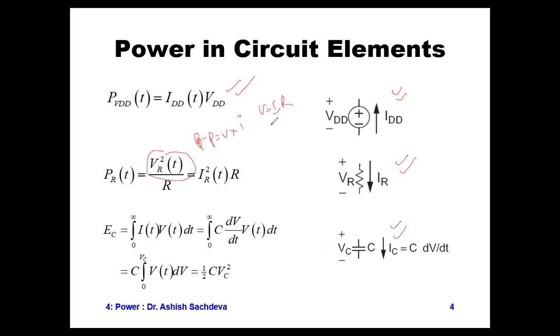And if you use I is equal to V by R, then P will become V cross V by R, that is V square by R. And if you use V is equal to R cross I, then your P will become I multiplied by R, that is I square R. So there are three formulas that we use: I cross V, V square by R, and I square R.